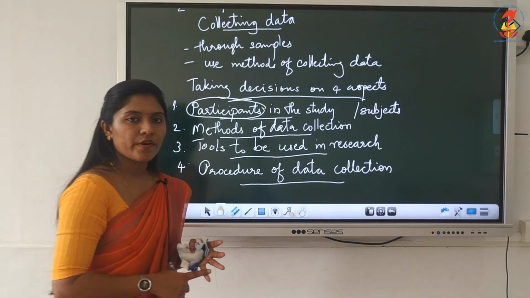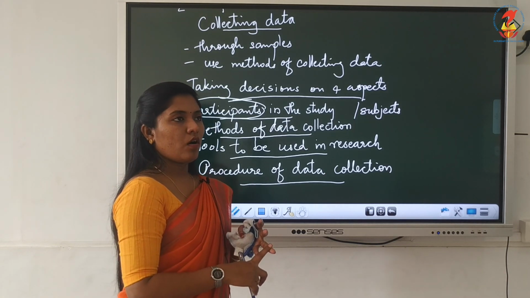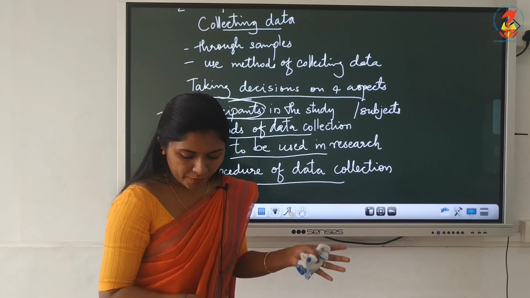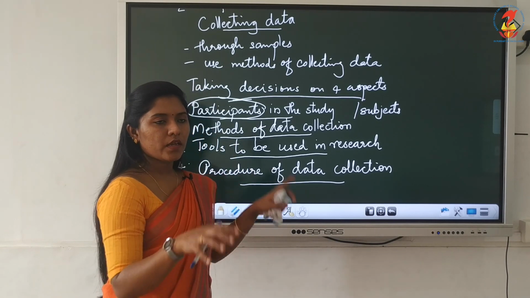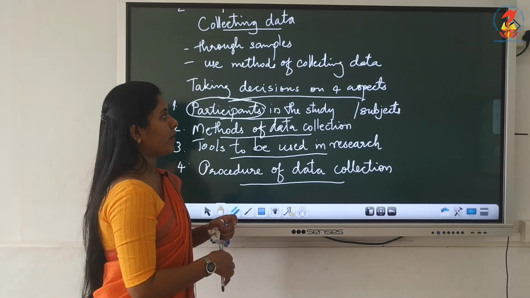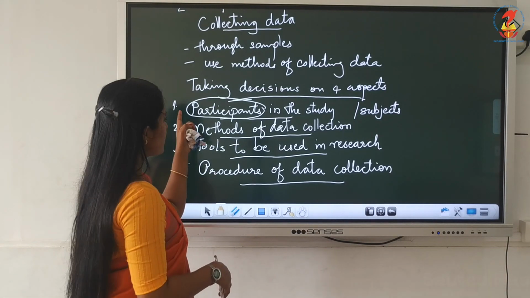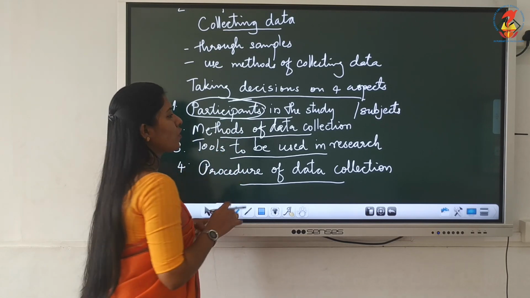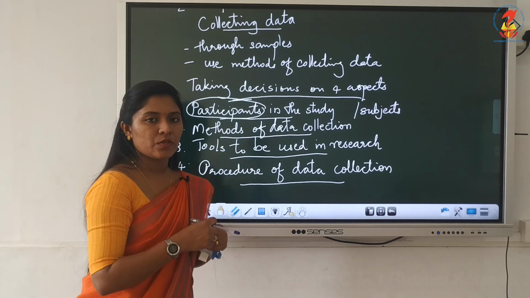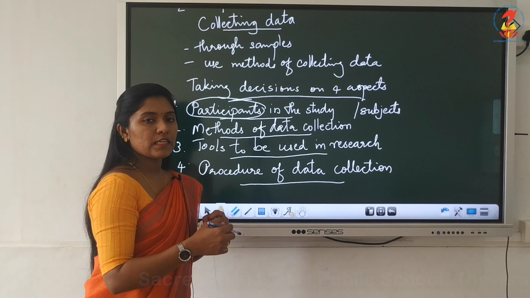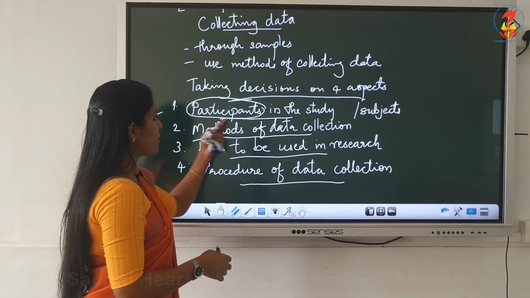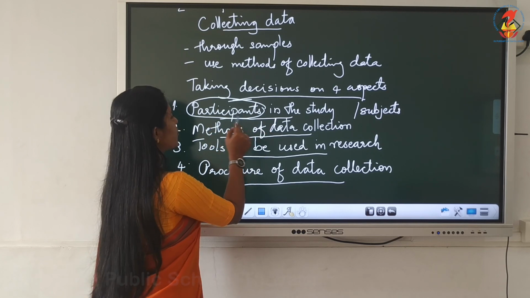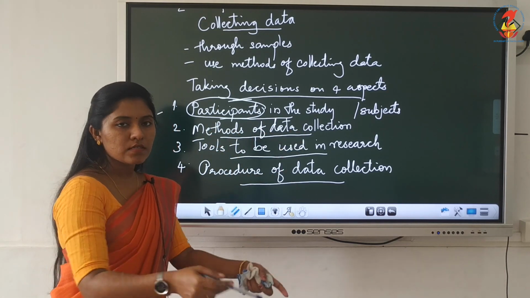It can be children, adolescents, college students, employers, teachers, etc. Any participants you can study. You have to specify which collection of participants you are going to use in this research.